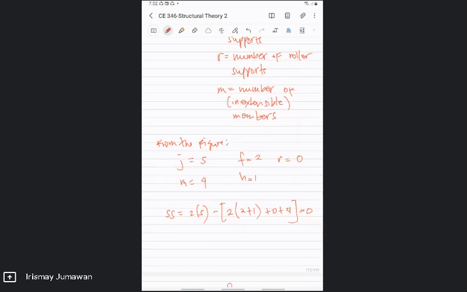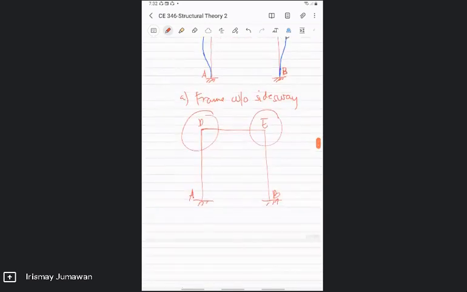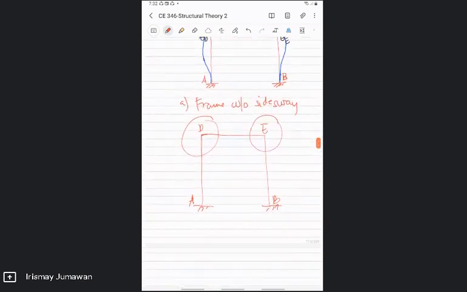So looking back again at the frame, A and B cannot translate. But joints D and E can rotate and they can translate.